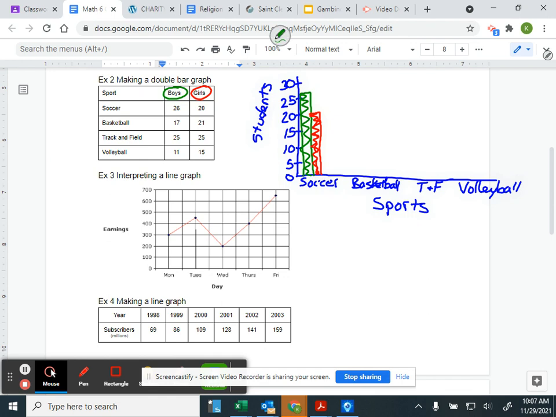So now let me do the basketball, 17 boys. Just to make it easier, I'm going to do all of the boys first. 25 for the track and field. And the volleyball had 11.